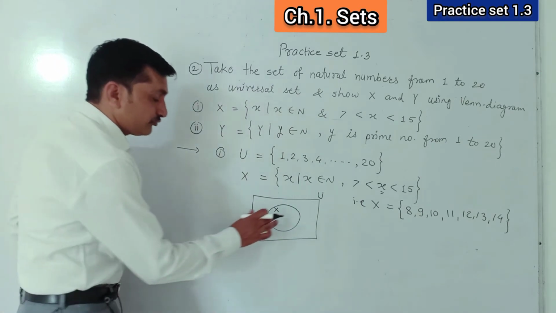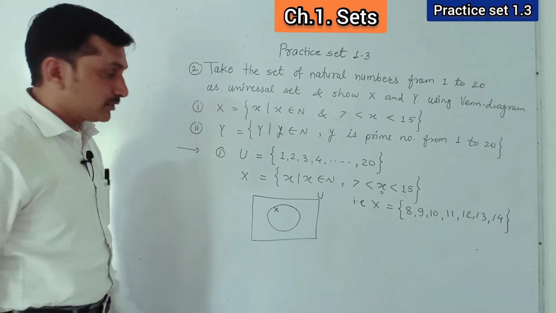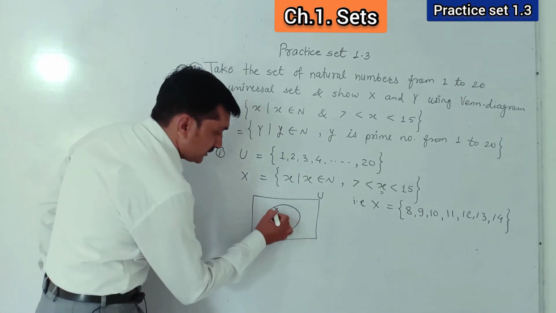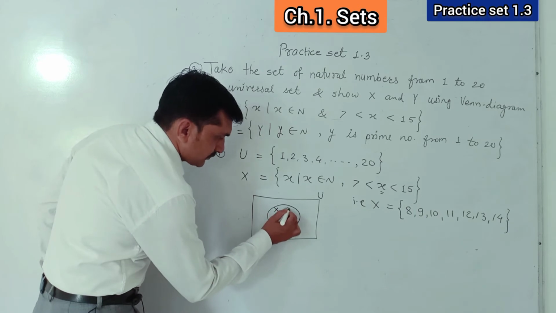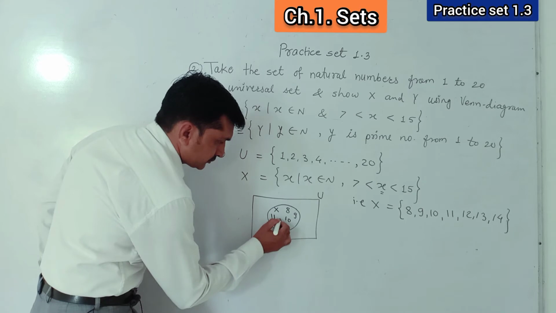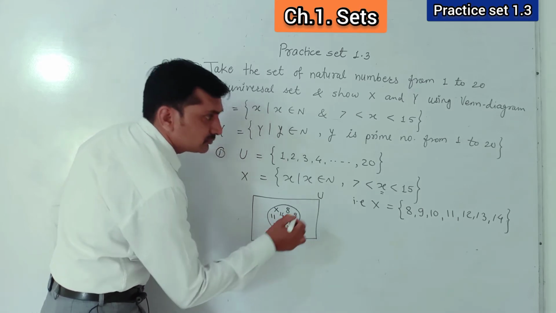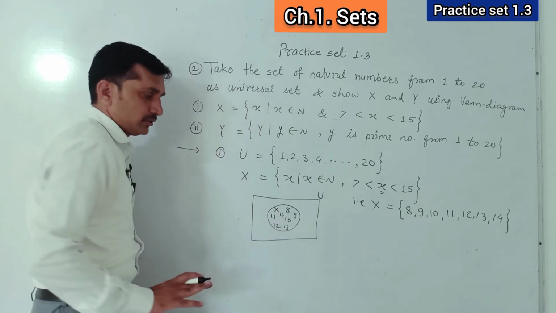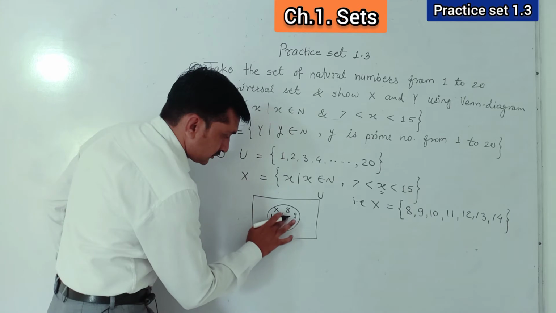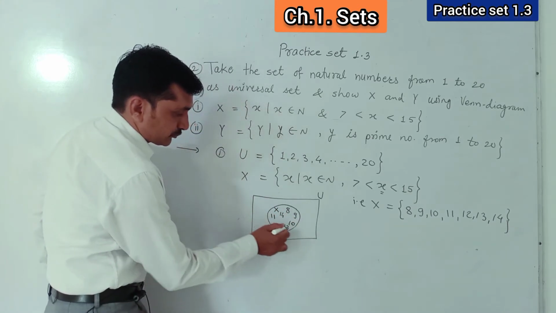These numbers we have to write inside the circle, because these are elements of set X. Anywhere you can write 8, 9, 10, 11, 12, 13, 14, only the numbers should not be mixed. We should write them in such a way that we can read them.